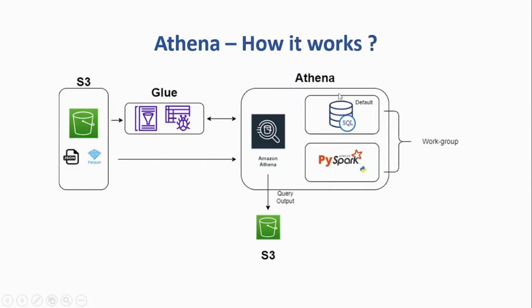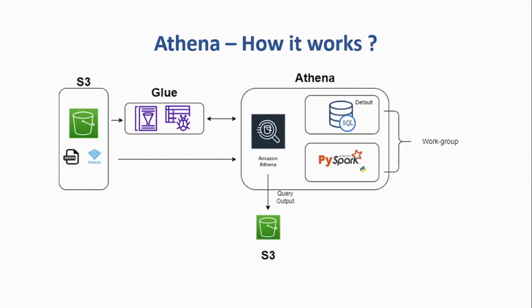And if you look at the right side, we see two boxes, one for PySpark and the other one for SQL. And they are both under a workgroup. A workgroup is a concept in Athena which is used to segregate query history and executions by users, teams, or applications under an AWS account.